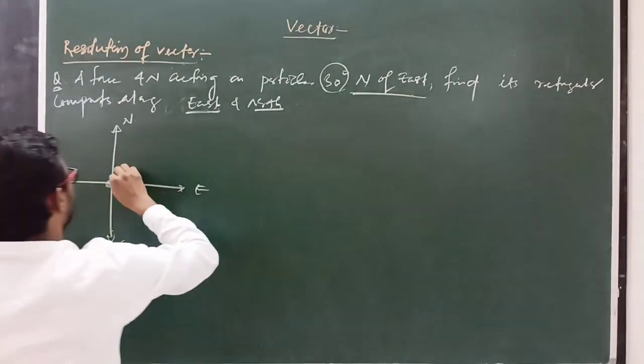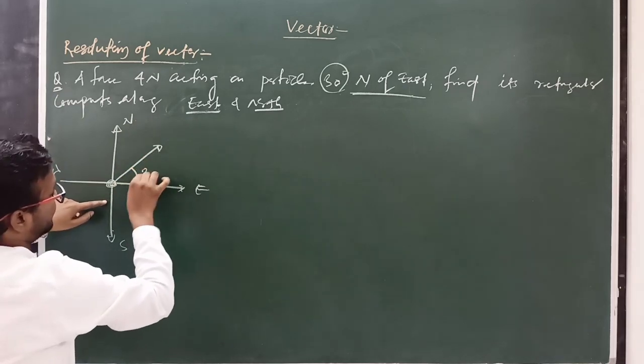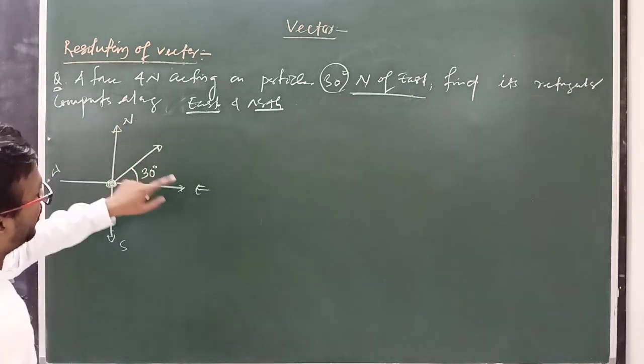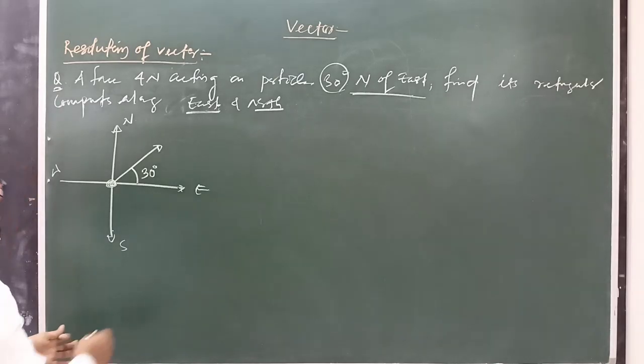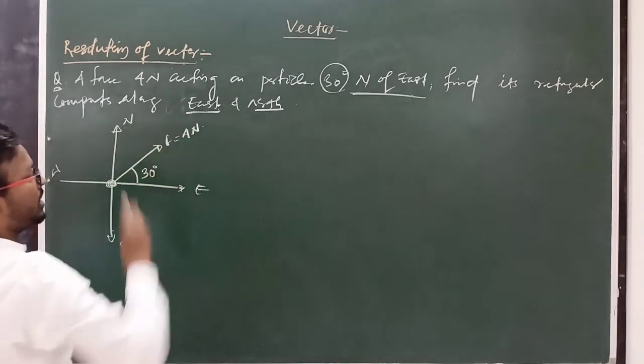North of east means this direction, and this angle is 30 degree. And the force magnitude is 4 Newton.